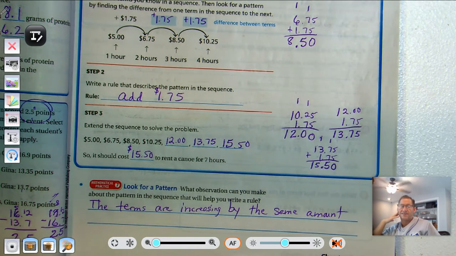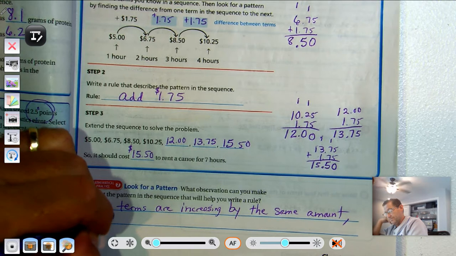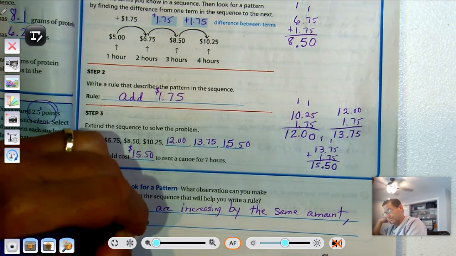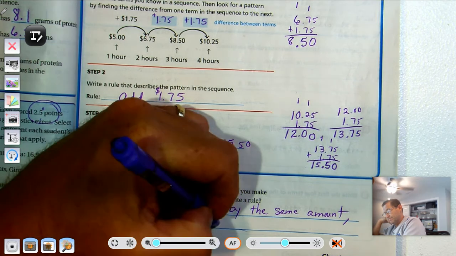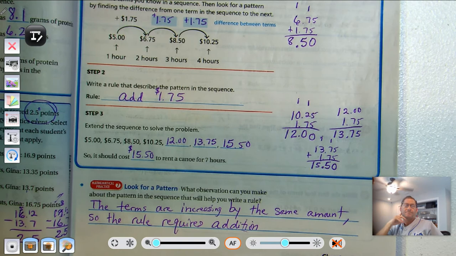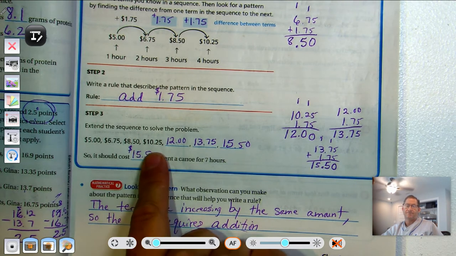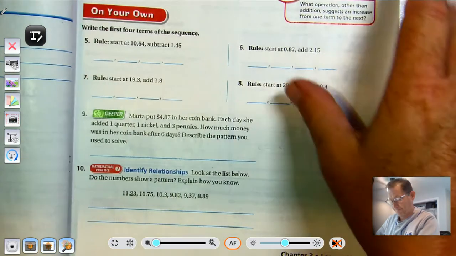So if they're increasing by the same amount, that means we're going to add. So the rule requires addition. If the numbers were decreasing from one term to the next, we know we would have to subtract. All right, so let's go to page 148.